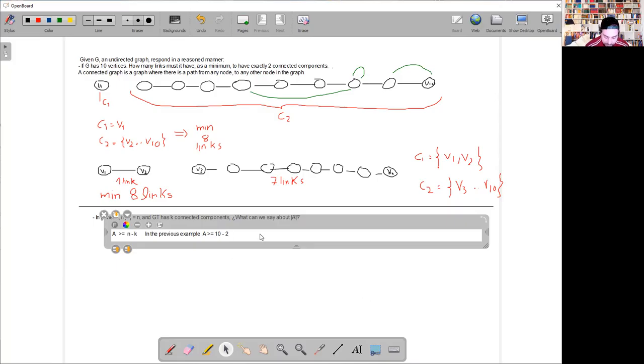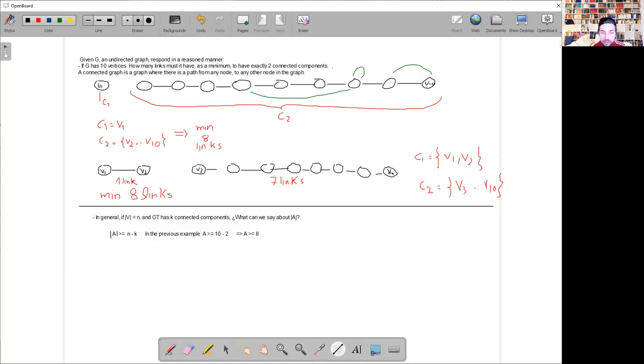So this implies that the number of arcs has to be higher or equal to 8. And this is the answer, right? The number of links is greater or equal to 8. This is the answer to this sub-question. Okay, let's go to the next one.